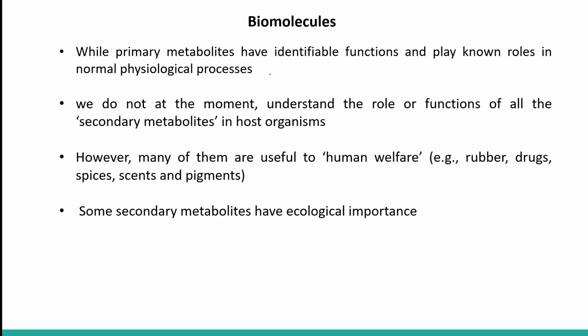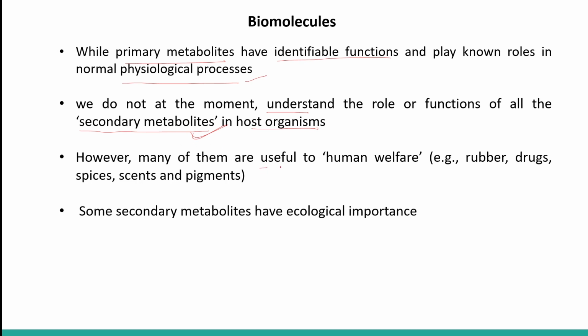While primary metabolites have identifiable functions and play a known role in normal physiological processes, primary metabolites have a fixed role in physiological processes. We do not at the moment understand the role and function of all the secondary metabolites in the host organism. We can find secondary metabolites, but the exact function of them we cannot say at the moment.